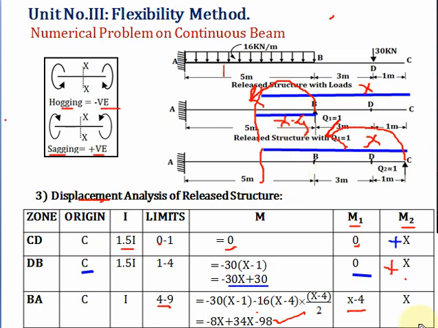The bending moment will be the intensity of the load, that is 1, into the distance x. So 1 into x is x, and as the nature is sagging, it is plus. So this is the displacement analysis of a released structure.